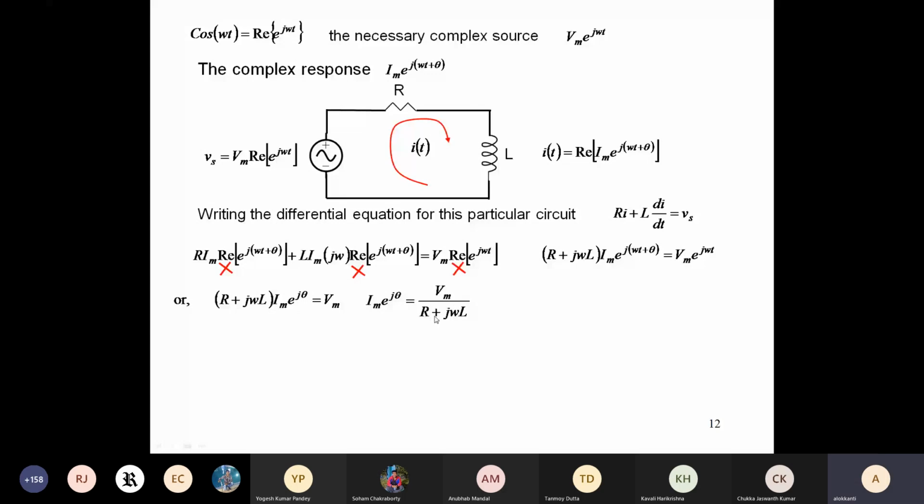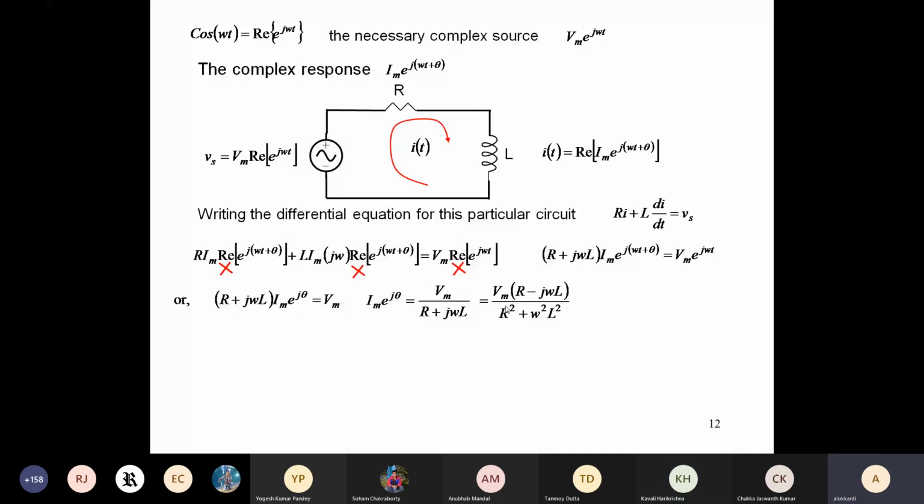All this you know: R, L, omega, as soon as the waveform is defined. So Im e to the power j theta is nothing but Vm by R plus j omega L, which you can rationalize the denominator and get in this form.